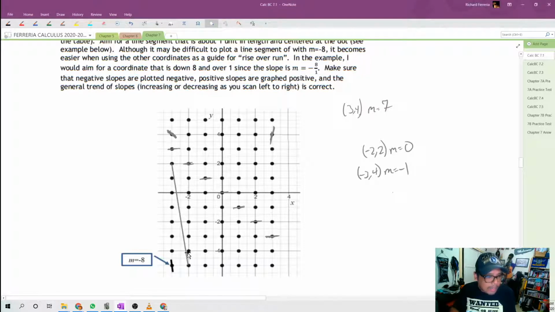I admit that this might be something that's difficult to do on an AP test, but use your pencil and kind of aim things the best you can. So there's a slope of -7. Let's move across, and the next one should have a slope of -6. So let's give this a slope of -6. There we go, slope of -6. The next slope is -5.